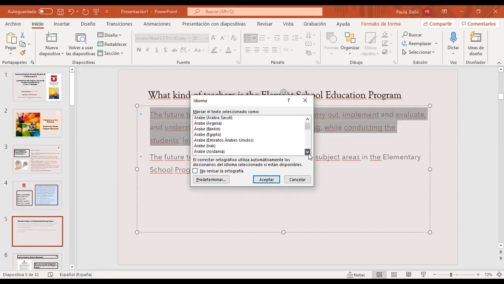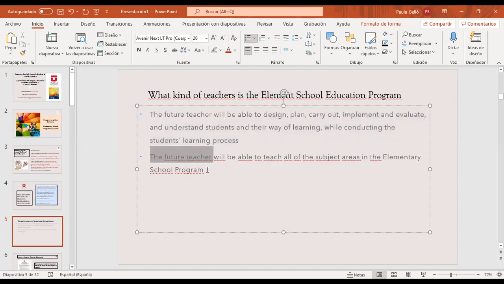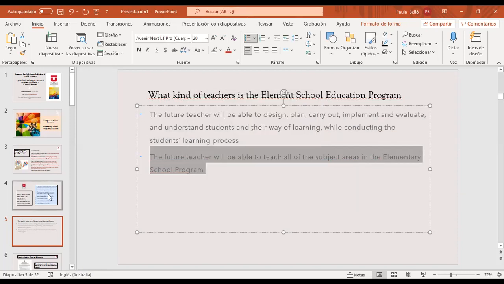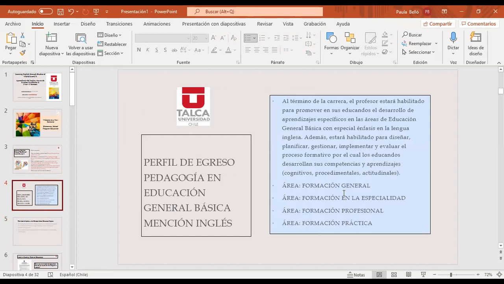And as you know, this profile is divided in different areas. That means you have modules that are divided in these different areas. So the areas are general, formación general. Do you know which modules you have in formación general? Math.